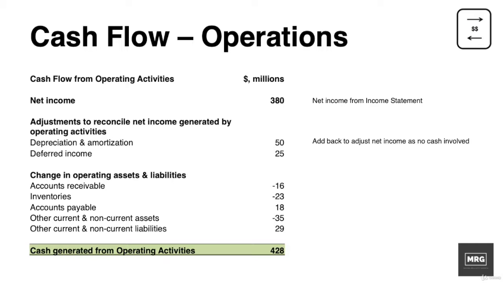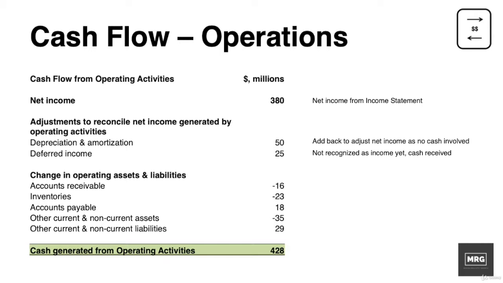That 1 million depreciation is recorded as an expense in the income statement, but because no cash is involved when you depreciate a machine, you have to add it back into the cash flow from operations statement. So this 50 million is that you recorded 50 million as an expense in the income statement, but you are adding back 50 million in cash here because you have not spent a single cent to depreciate it technically.